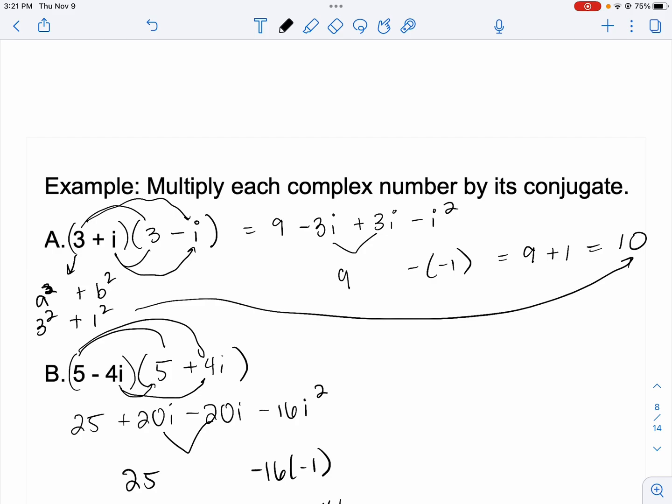Let's try it on the next one. a is 5. b is -4. And so we get 25 plus 16, which is 41. So if you can remember the shortcut, a squared plus b squared, then you don't need to FOIL or make the box.